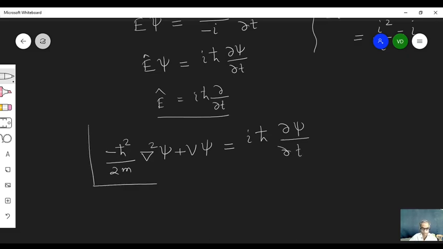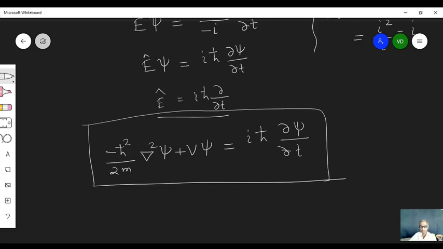Now here the left hand side is completely a function of space, whereas the right hand side operator is completely a function of time, and this is called Schrodinger's time dependent equation.